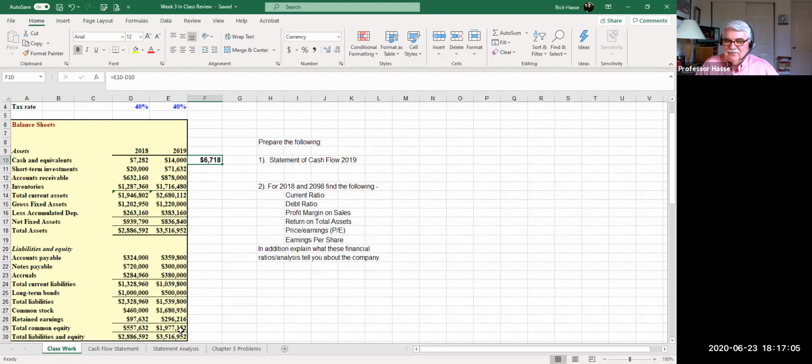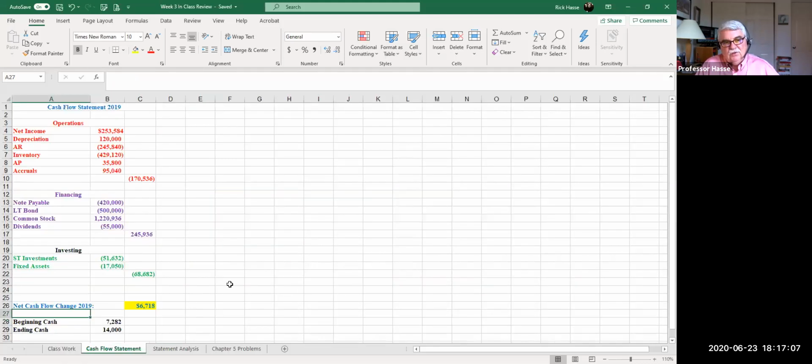We are now financial people. And here's the cash flow statement showing where that $6,718 came from for this company in 2019. And cash flow statements are designated by 3 areas: cash flow from operations, cash flow from financing, cash flow from investing.